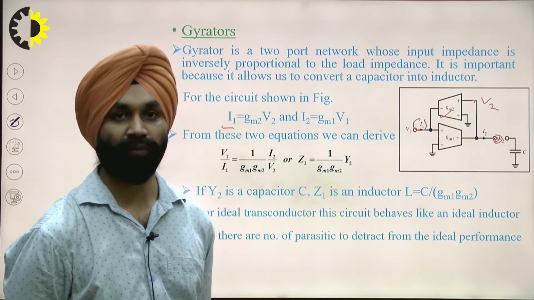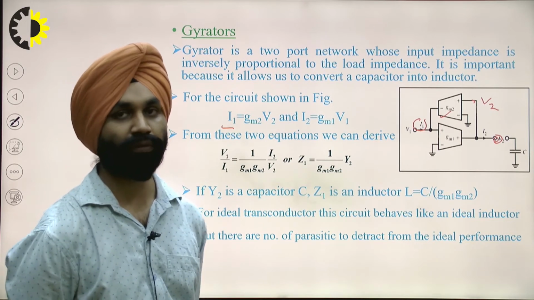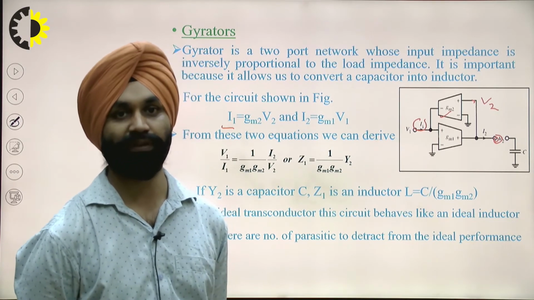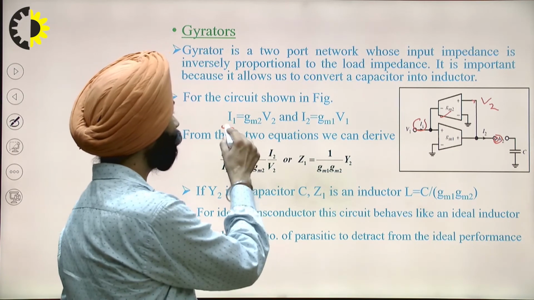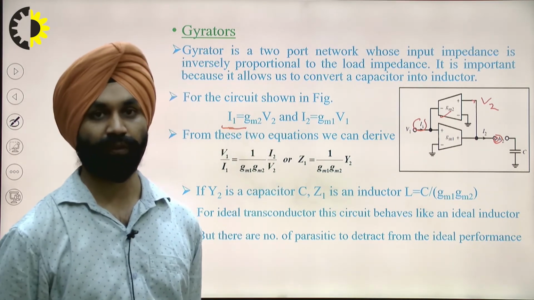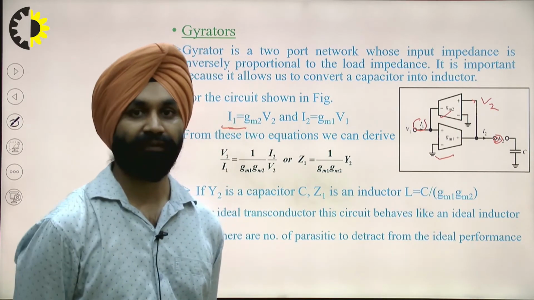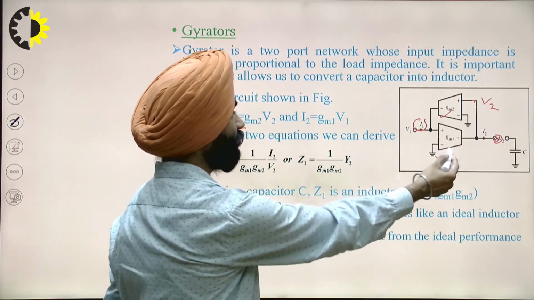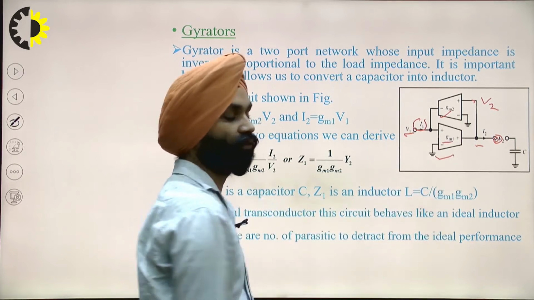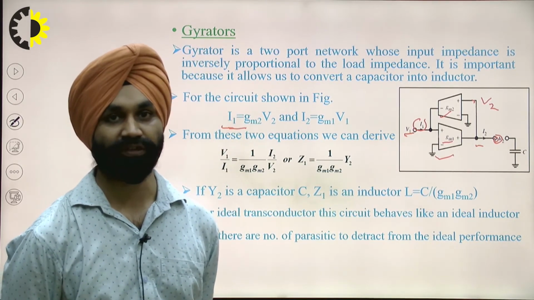So if the input voltage to GM2 is V2, then I1 is equal to GM2 into V2. Similarly, for this circuit, I will have GM1 into V1 equal to I2, which is the transconductance equation.